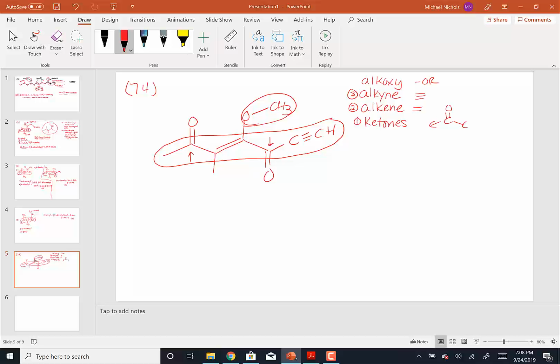Now let's look at substituents first. I've got a methyl group, and I have this methoxy group. So I've got a methyl group and a methoxy group. Now, as far as the numbering goes, the numbering is set to favor the highest priority functional group.